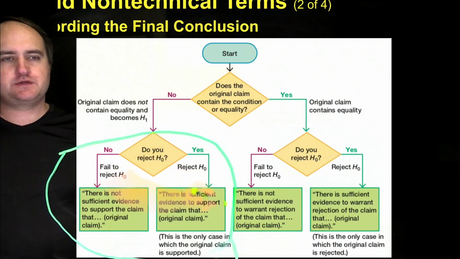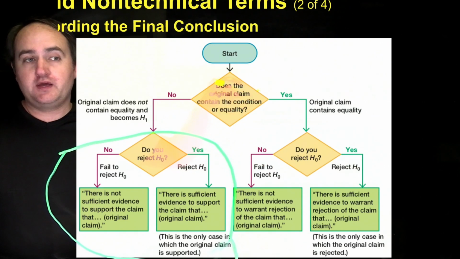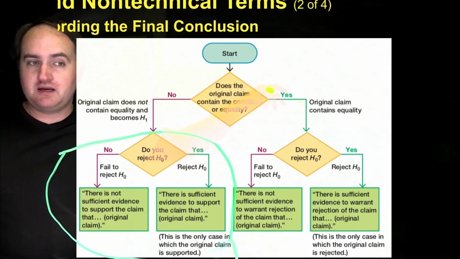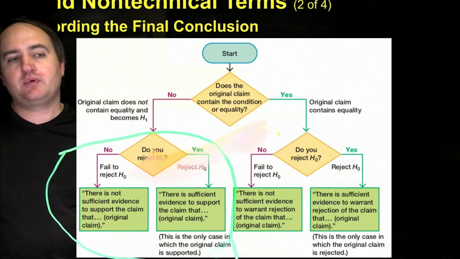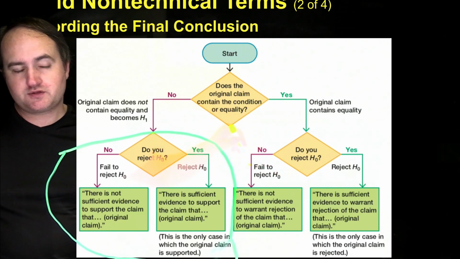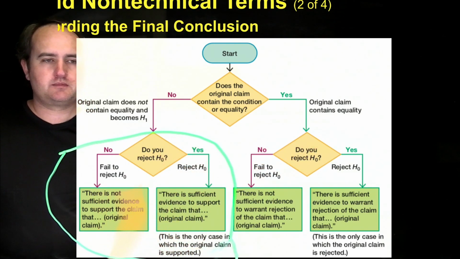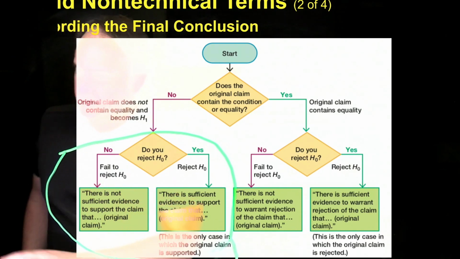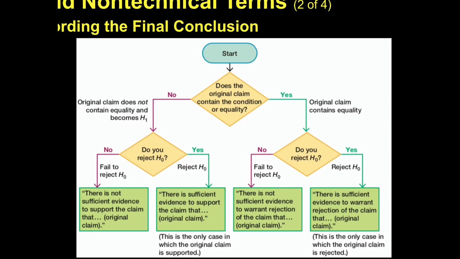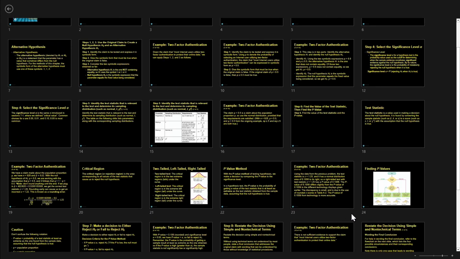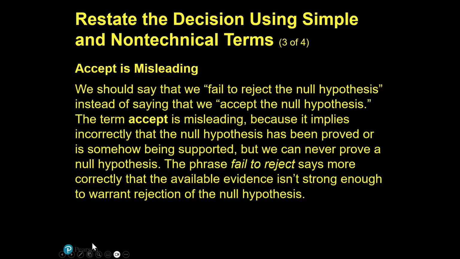But just focus on these for our class. And then the rest here, if your original claim contained equality, then you would have to use one of these two branches based on whether you fail to reject H0 or reject H0. Okay, hopefully that clears that up a little bit. So let me zoom back out, and then we'll return to this slide and go to the next slide.